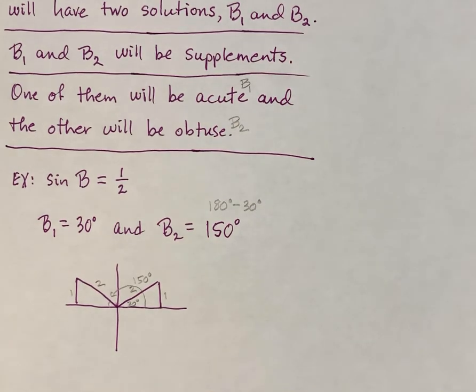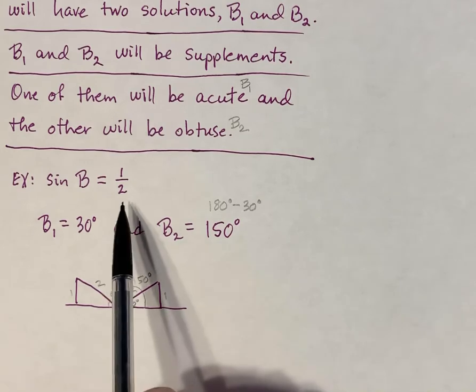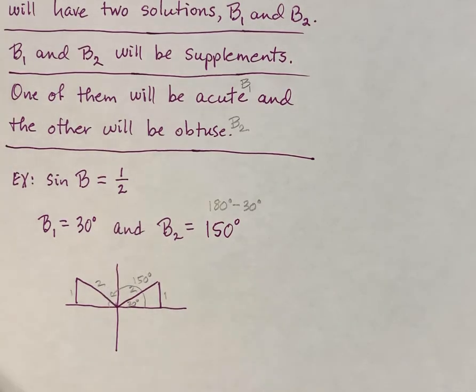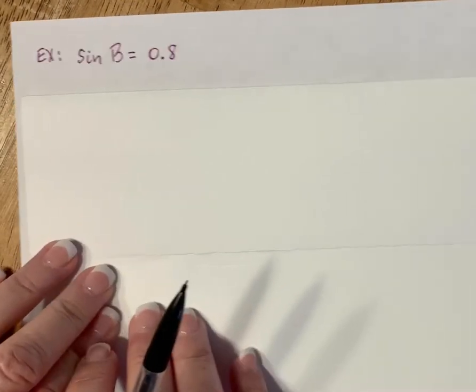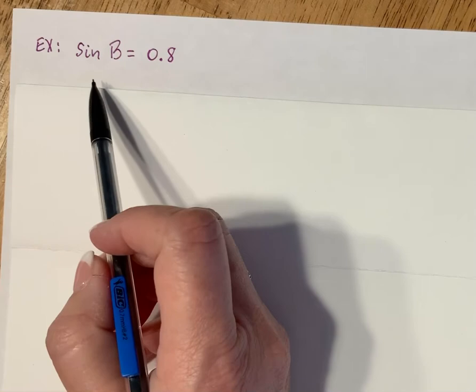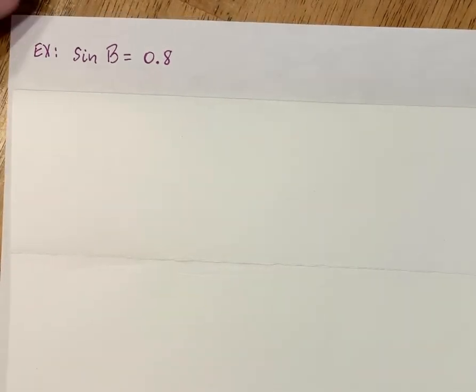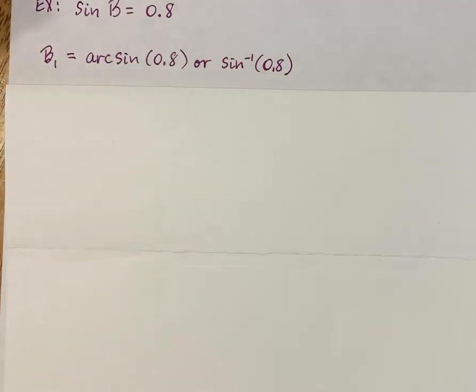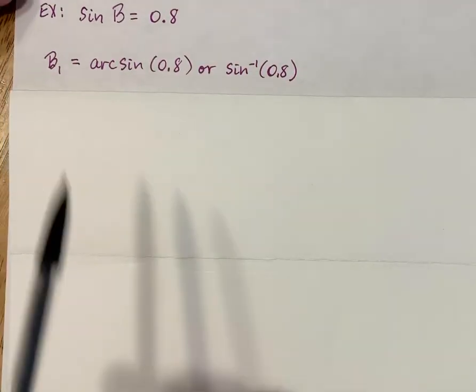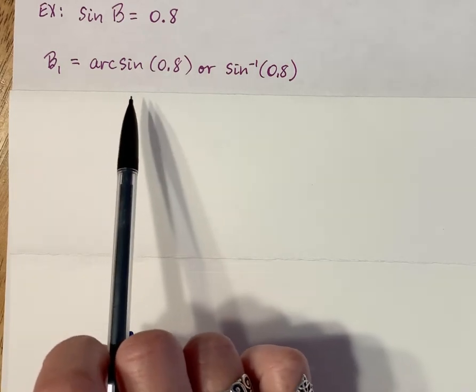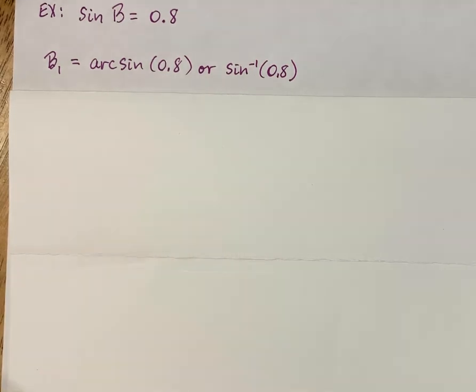Okay. Now, what if it's not something like 1/2, which is a special angle? Most of the time you'll have a problem where the sine of the angle you're trying to find is equal to some decimal like 0.8. This is less than 1, so this will have a solution. You will use your calculator and find the inverse sine, or arcsine, of 0.8.